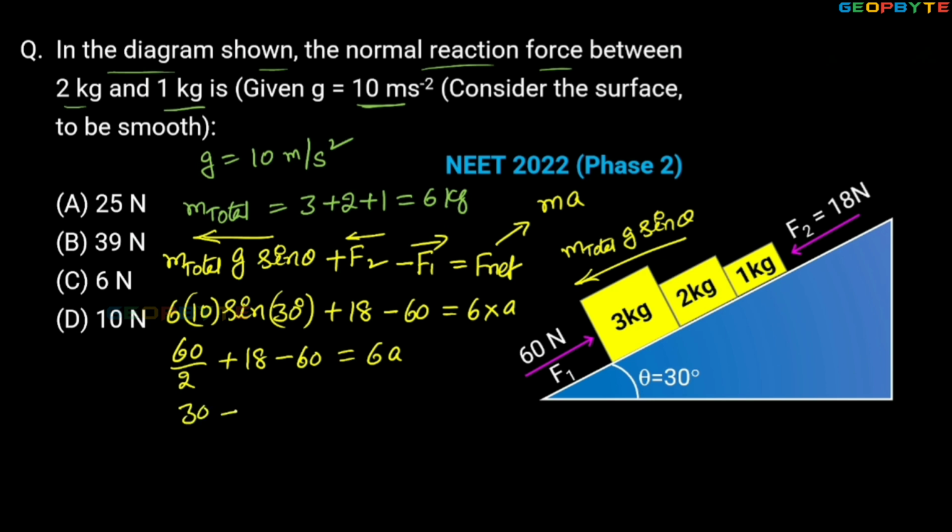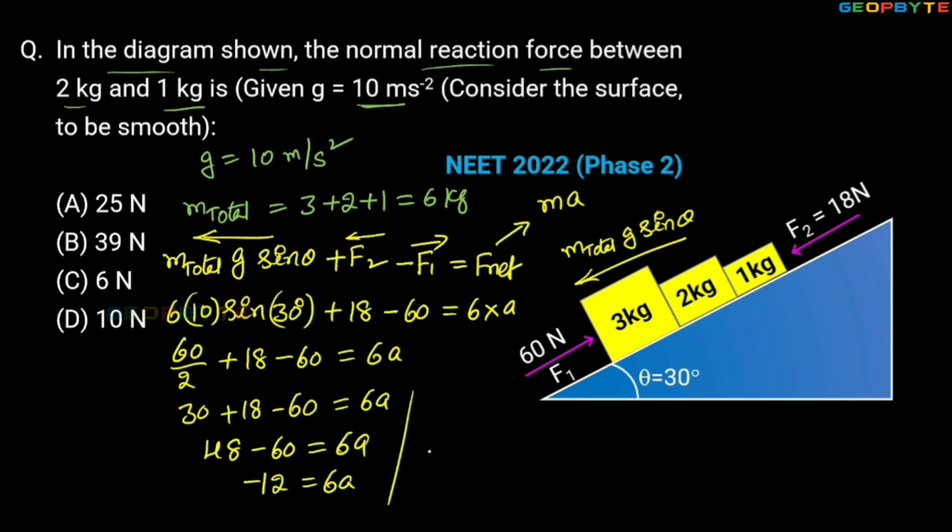Here it is 30 plus 18 minus 60 equals 6a. 48 minus 60 equals 6a. Here it is minus 12 equals 6a. Therefore, acceleration a equals minus 12 by 6, that is 2 meter per second square in magnitude. The minus is only direction, so taking only the magnitude, acceleration a equals 2 meter per second square.